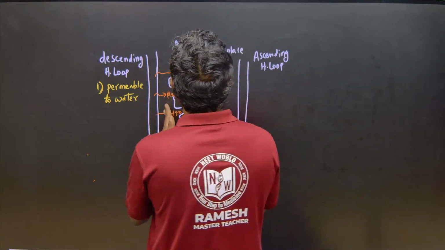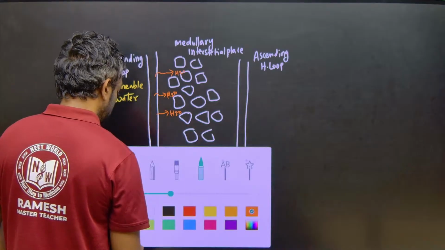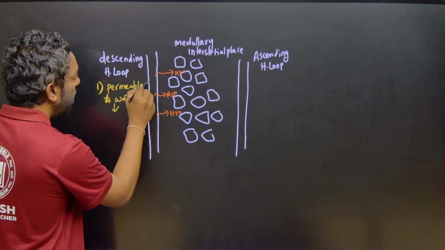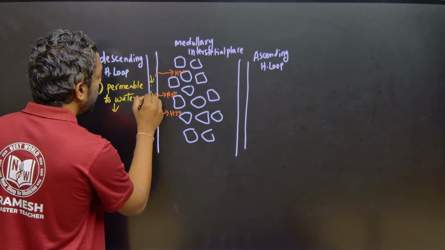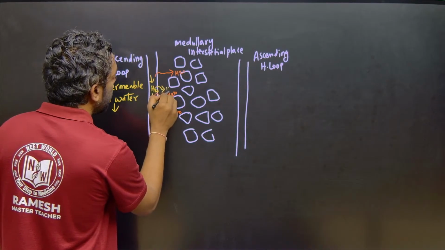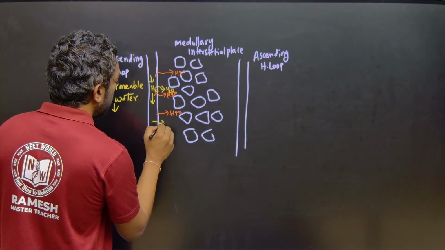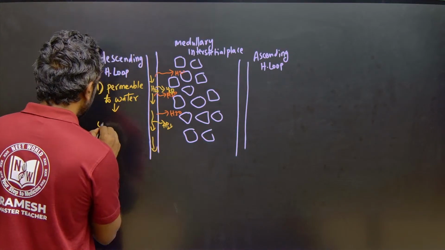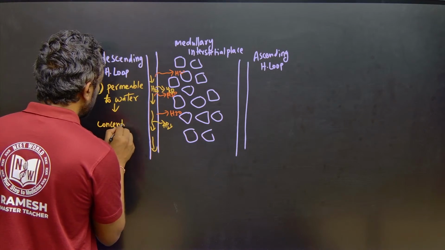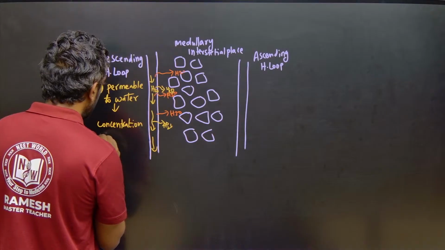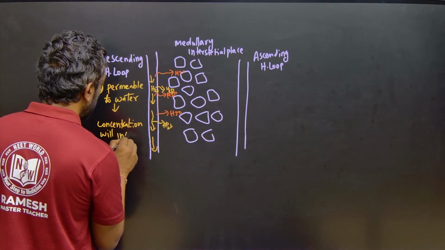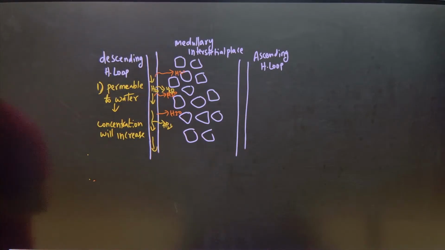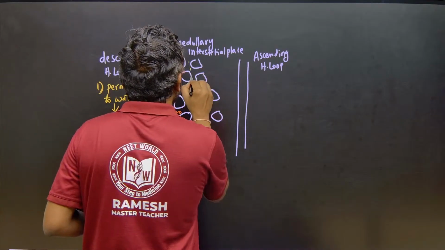Meaning this part of the medullary interstitial fluid, its concentration increases if the water is lost. The concentration will increase if the water is lost, and the concentration inside the limb will decrease.